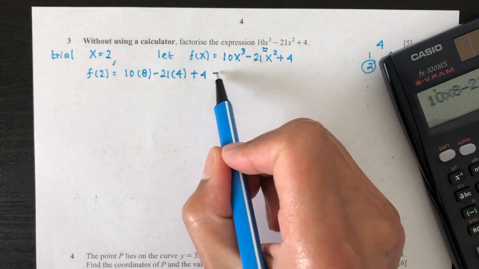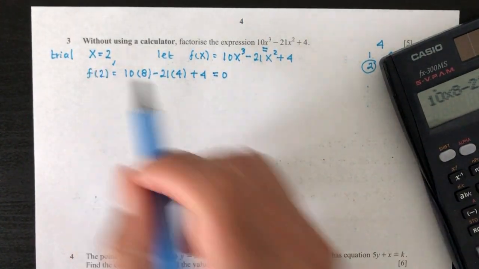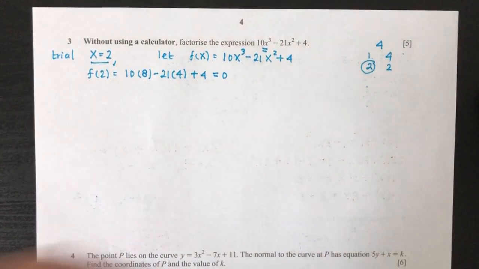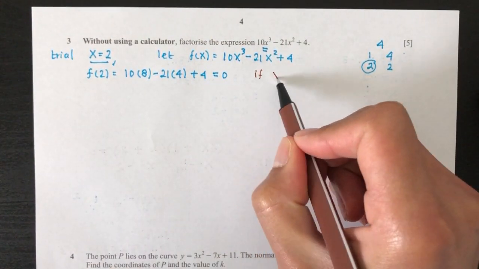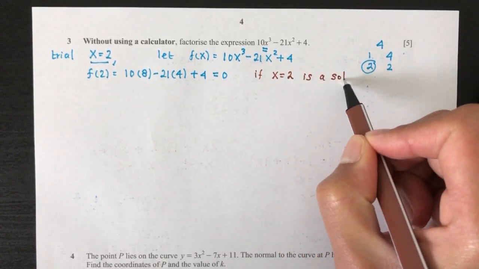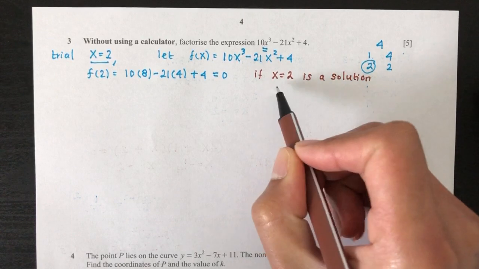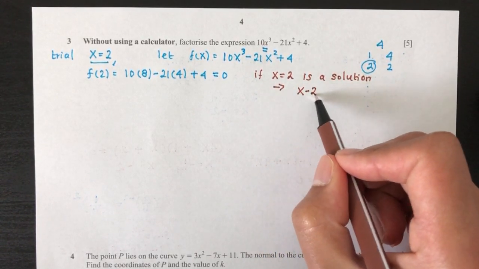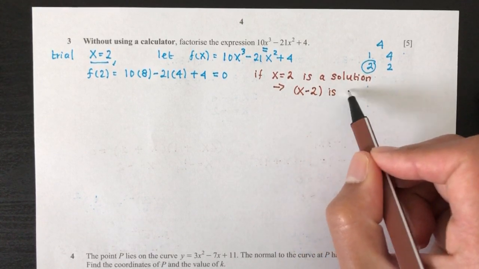So if this is 0, it means that x equal to 2 is a solution, and so x minus 2 is a factor.